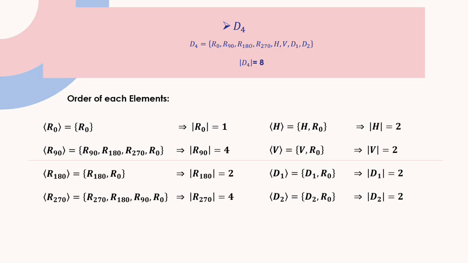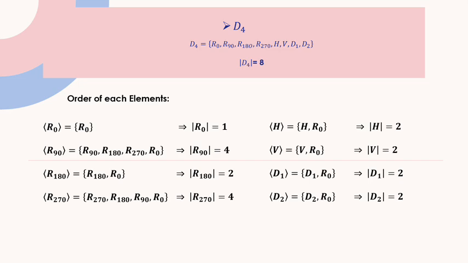Therefore, the order of R sub 90 is equal to 4. For R sub 180, the elements under R sub 180 are R sub 180 and R sub 0. Therefore, the order of R sub 180 is equal to 2.